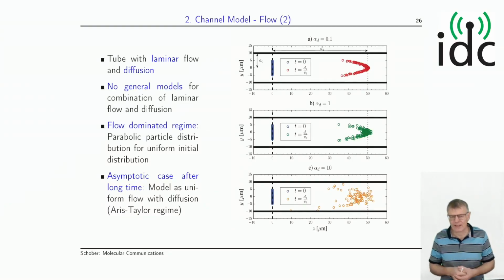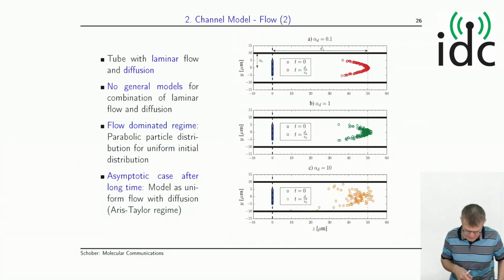It turns out that in this regime, if you wait long enough for the diffusion to fully kick in and affect the particles that are moved due to flow, then you can model this equivalently with a uniform flow profile and an effective diffusion coefficient, right?